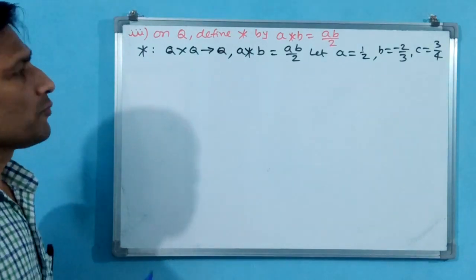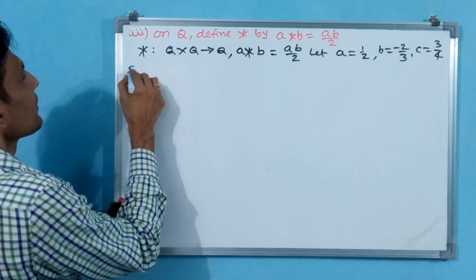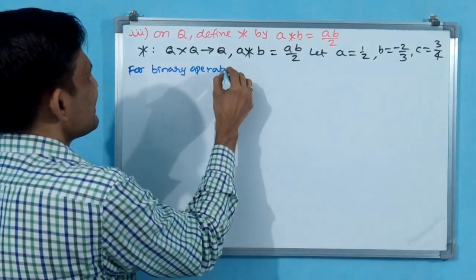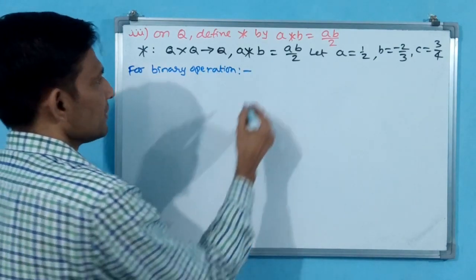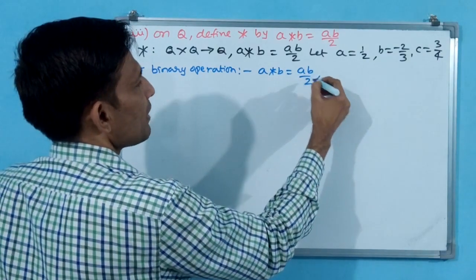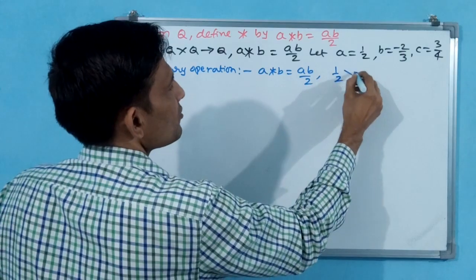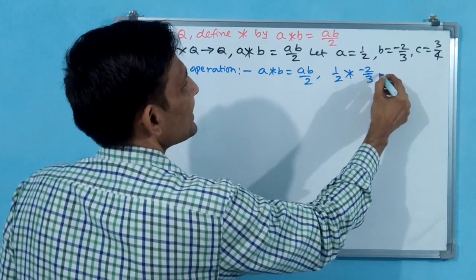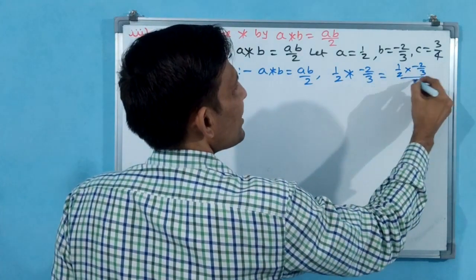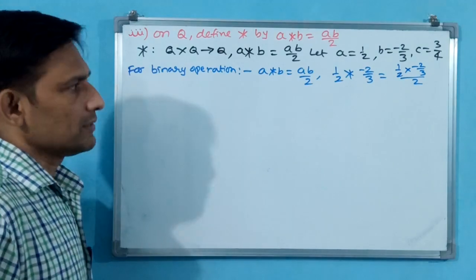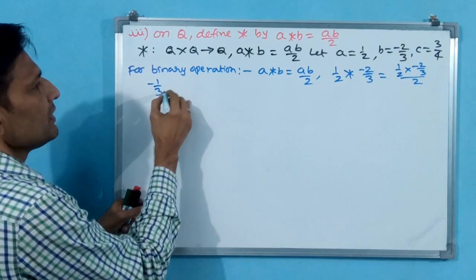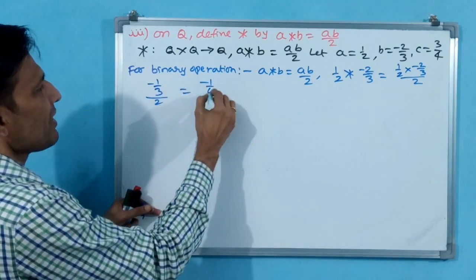Now, let us do first for binary operation. A star B is equal to AB by 2. Now I take 1 by 2 star minus 2 by 3. That is equal to 1 by 2 into minus 2 by 3 by 2. Is it correct? Yes. 2 gets cancelled, minus 1 by 3, minus 1 by 3 by 2, that is equal to minus 1 by 6.